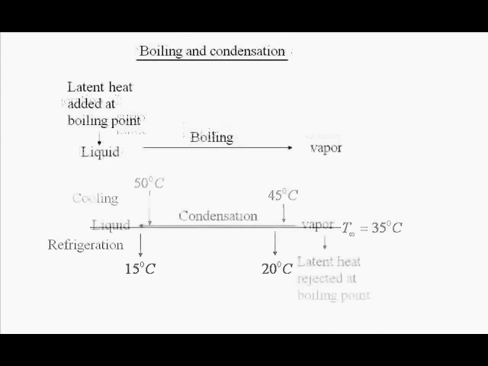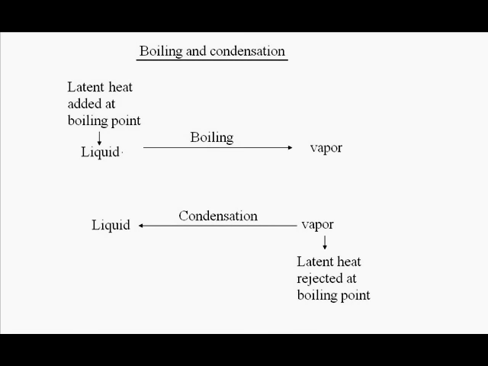Now let us understand the difference between boiling and condensation. Boiling is that process in which at boiling point a liquid changes its phase to vapor form. Boiling point is that temperature at which the liquid starts changing its phase to vapor form.